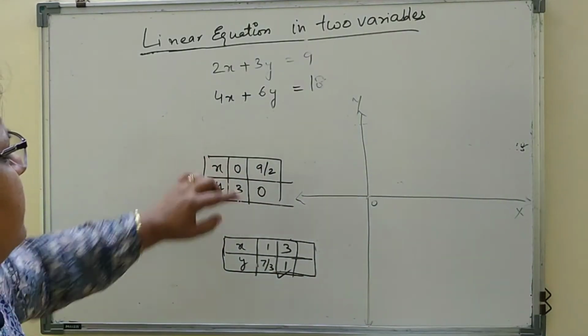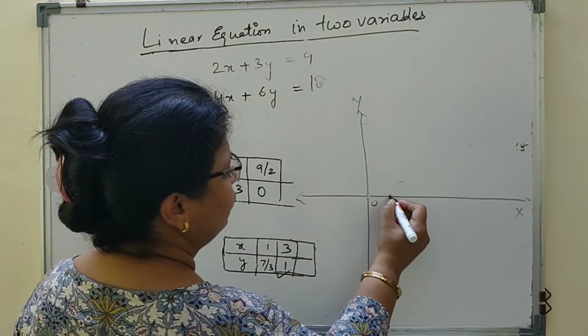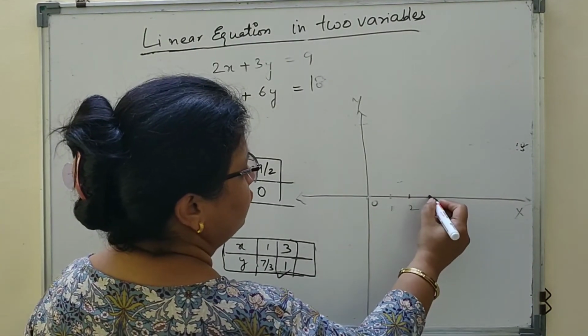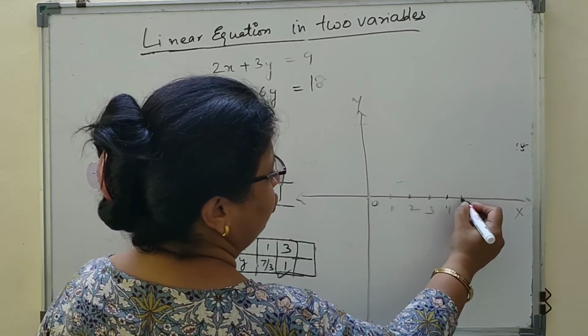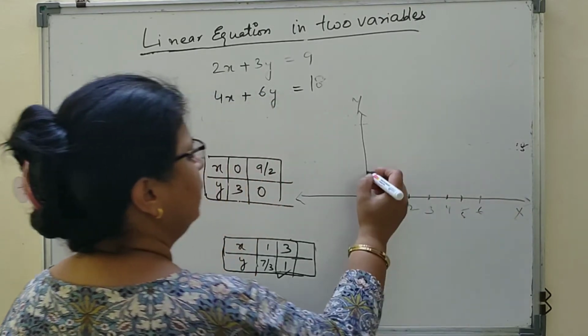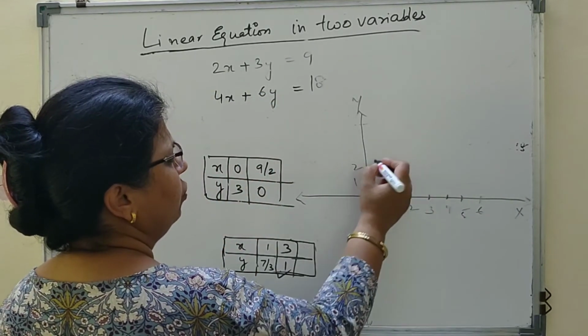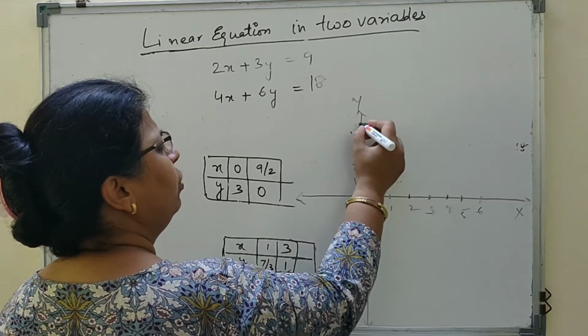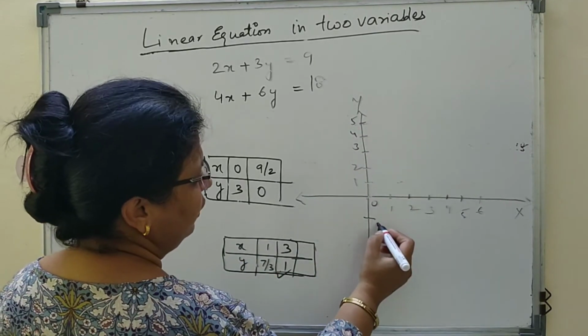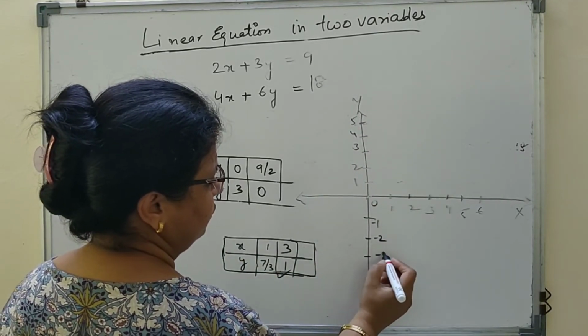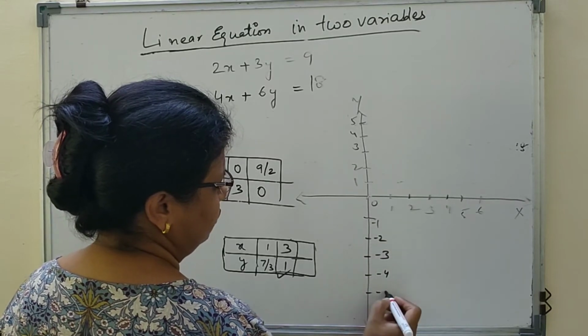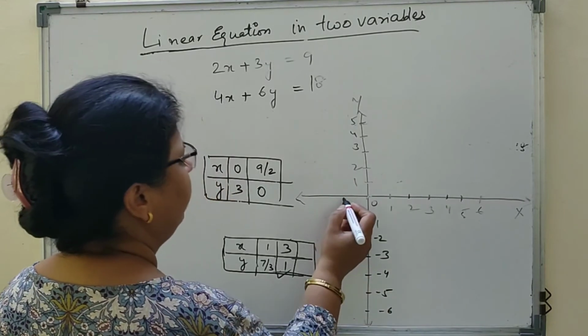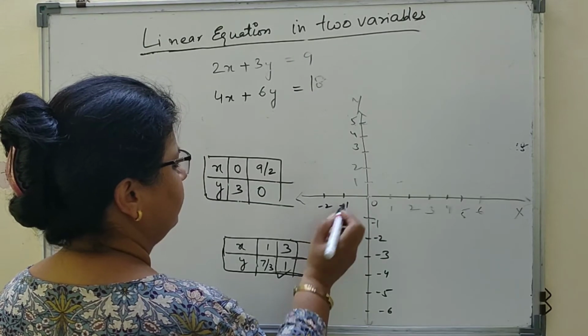Let us plot x is 0 and 3. Just take some values. 1, 2, 3, 4, 5, 6. Either side, 1, 2, 3, 4 and 5. This side we have negative values. And minus x on this side.